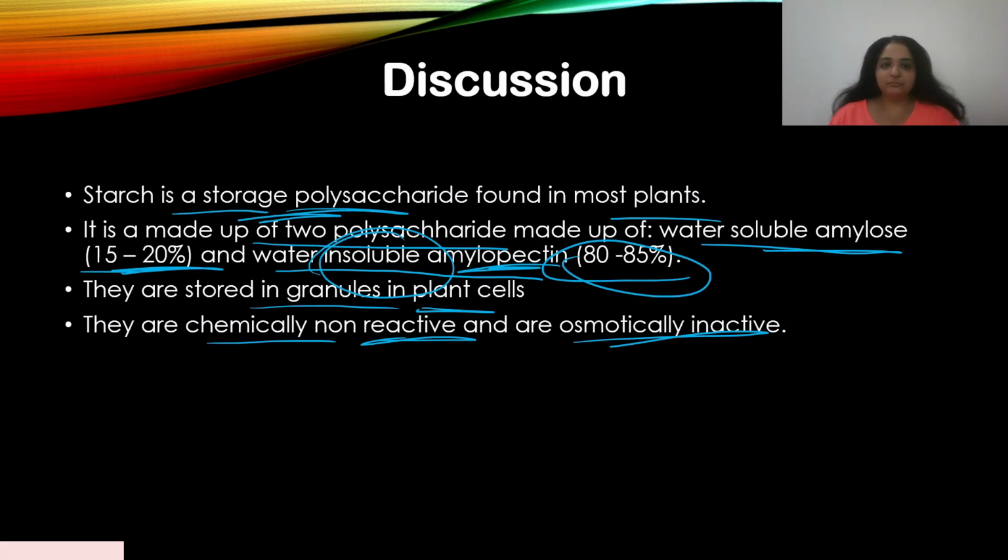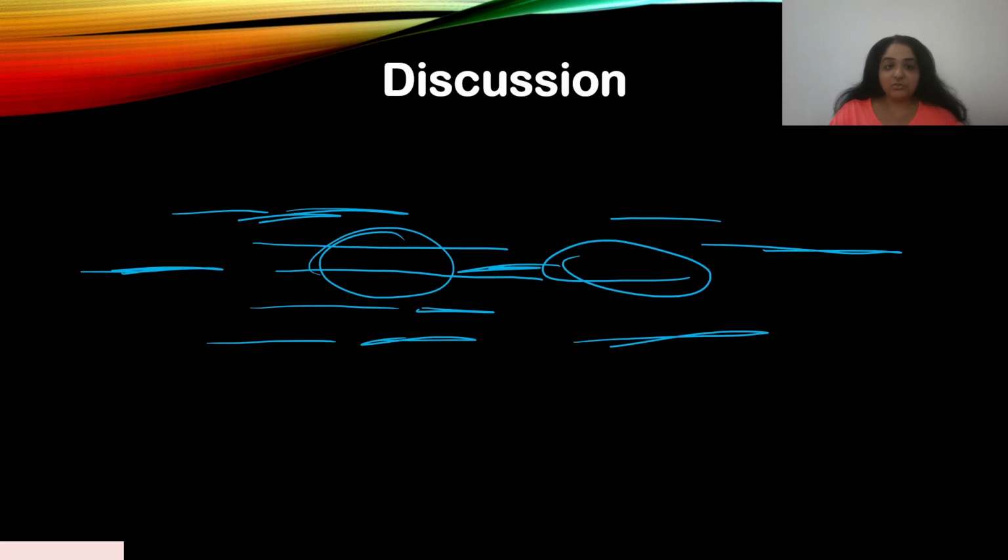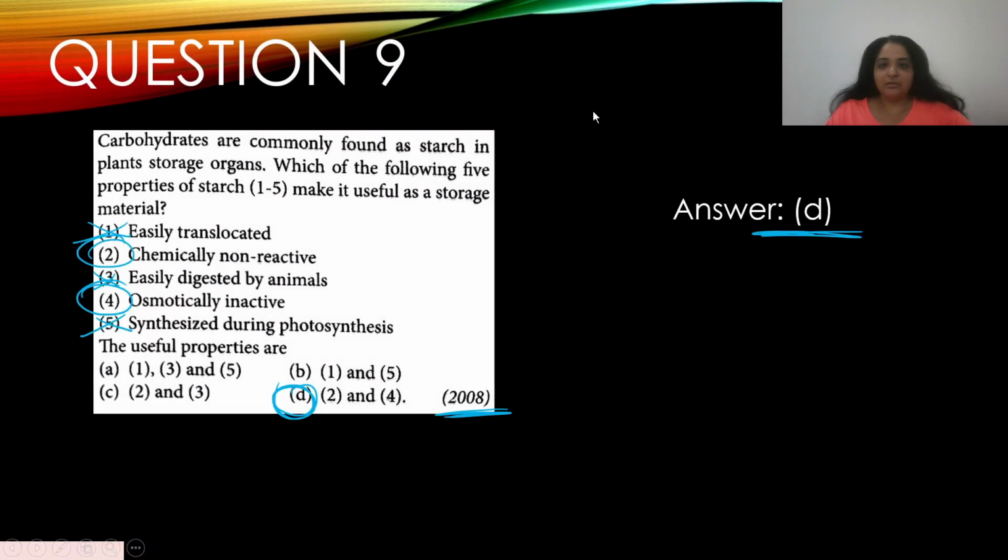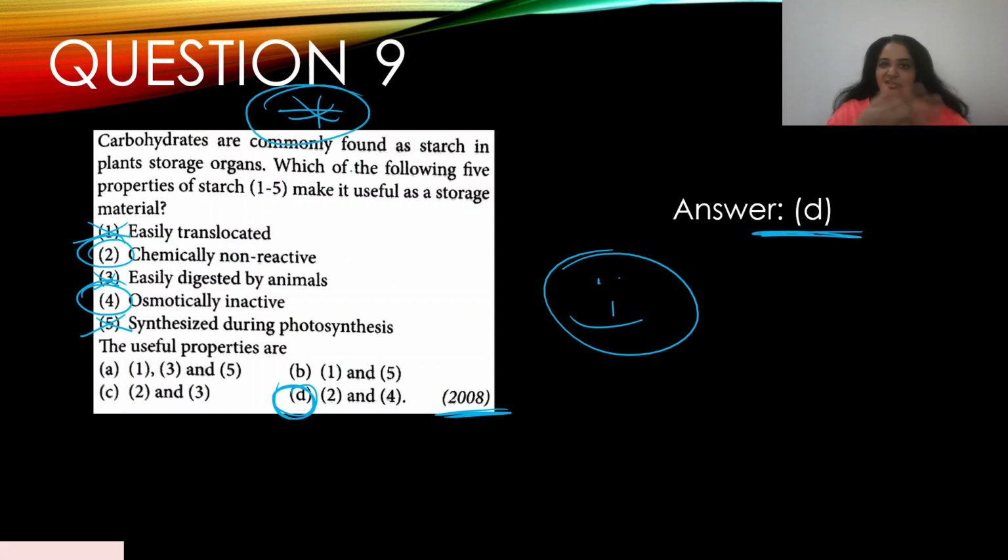Okay, let's go back to the question. This was a good question, important to understand. This wasn't just a direct question where you have your question and options and can easily choose from it. You had to apply your knowledge.